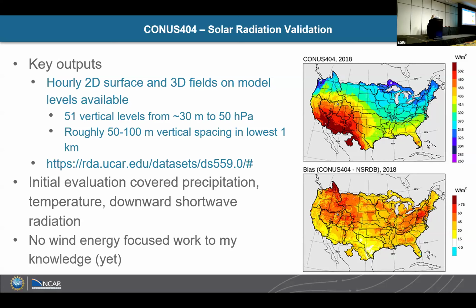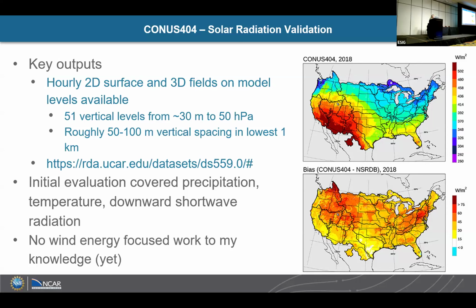I'll have this URL again on my last slide. So this is freely available. It's made for the community. In the lowest 1 kilometer, they use 50 to 100 vertical meters, for wind energy applications. Sometimes we go finer than that, but for the hydrological uses, this is what they chose to use.